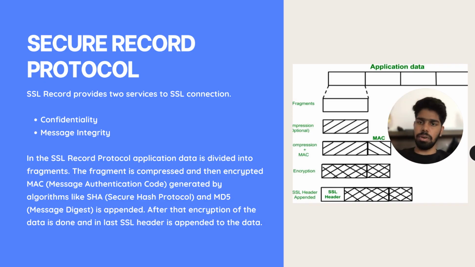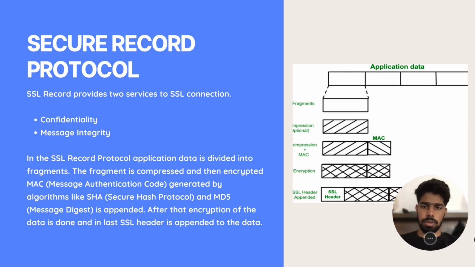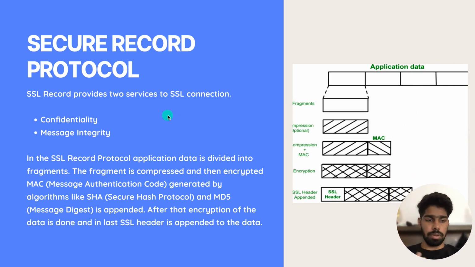The SSL record protocol provides two services to an SSL connection: confidentiality and message integrity. In the SSL record protocol, the application data is divided into small parts, or fragments. The fragment is compressed and then encrypted with message authentication codes, which we have done in our syllabus, generated by an algorithm like SHA, MD5, or sometimes DES.